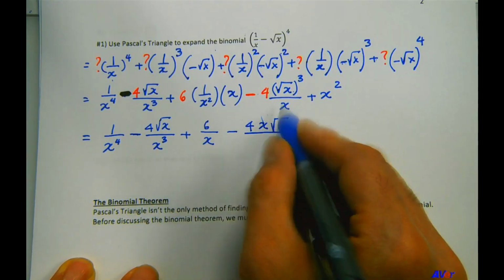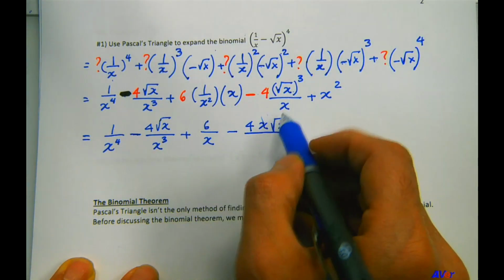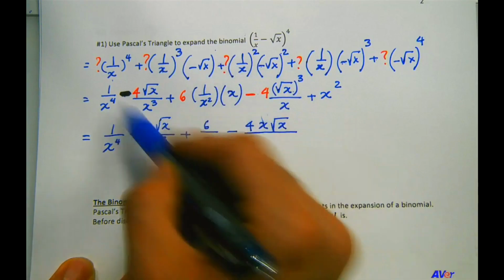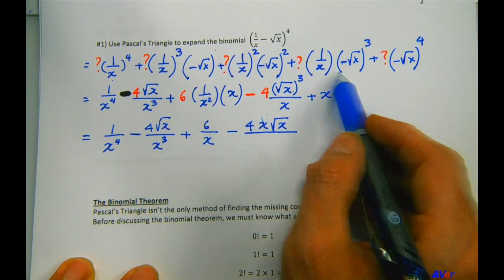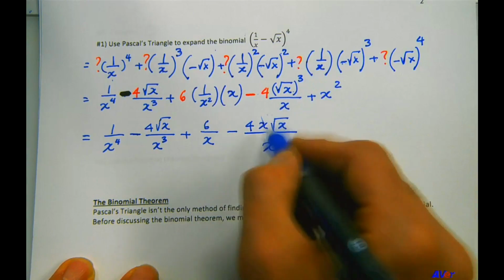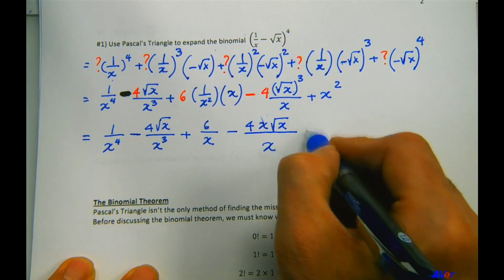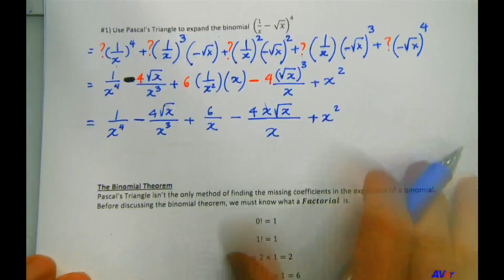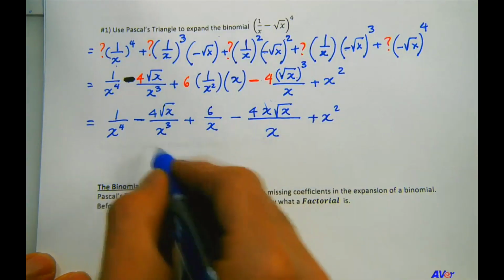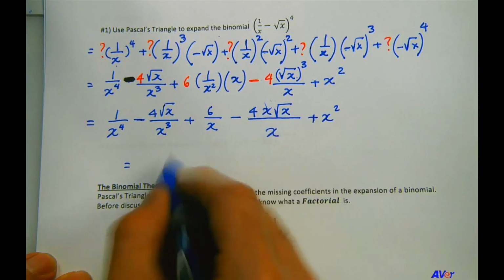And divided by, let's see, where are we here? 1, 2, 3, 4. That one. So over x. So it looks like I can cancel even that, this and that, and then plus x squared. So let's, because I have enough room, let's simplify this with the x's dropping out.